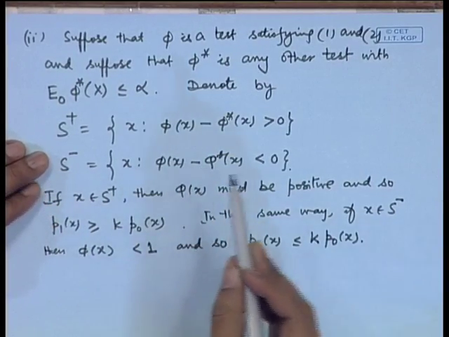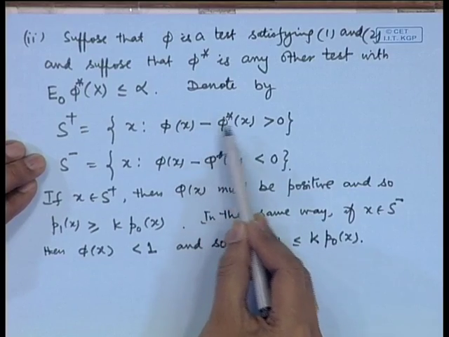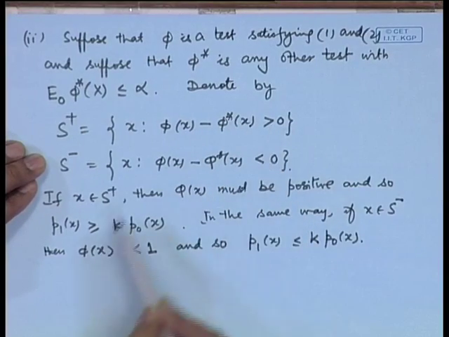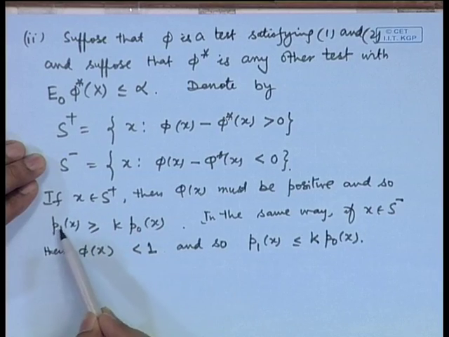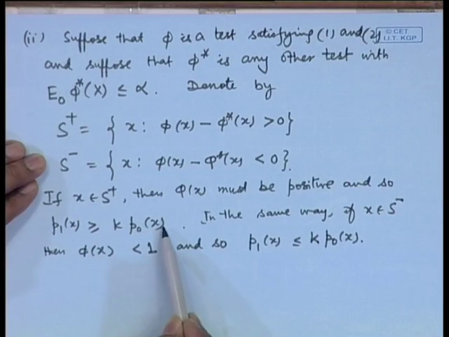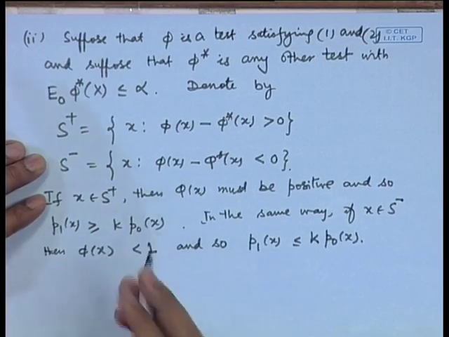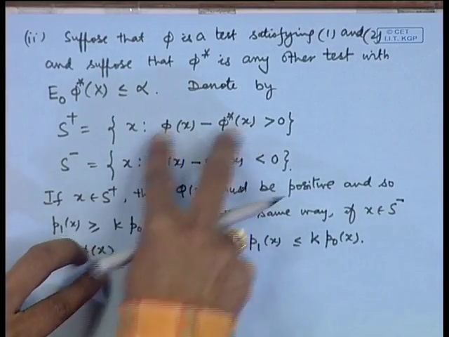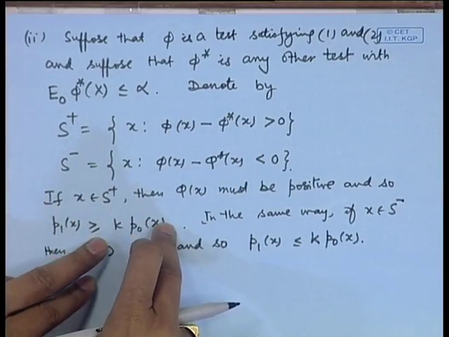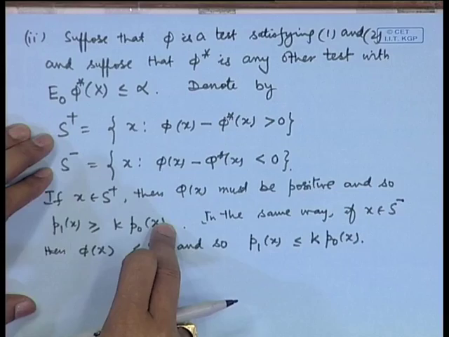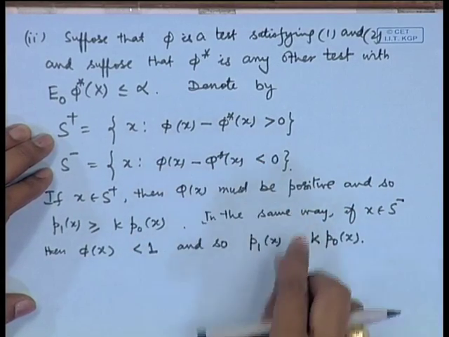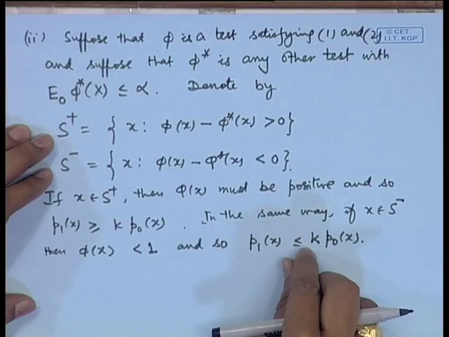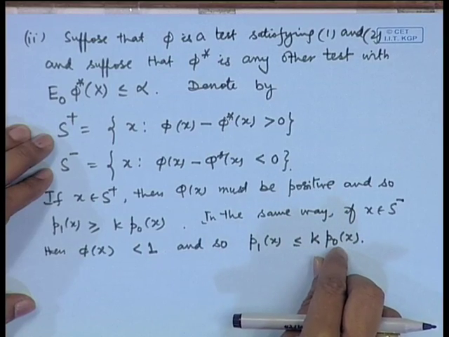So, let us look at this. We have phi x minus phi star x greater than 0 when x belongs to S plus, and for that x, p 1 x minus k p naught x is greater than or equal to 0. So, if I multiply these two terms, I will get a non-negative quantity. On the other hand, if x belongs to S minus, then this is negative and p 1 x minus k p naught x is also negative, less than or equal to 0.